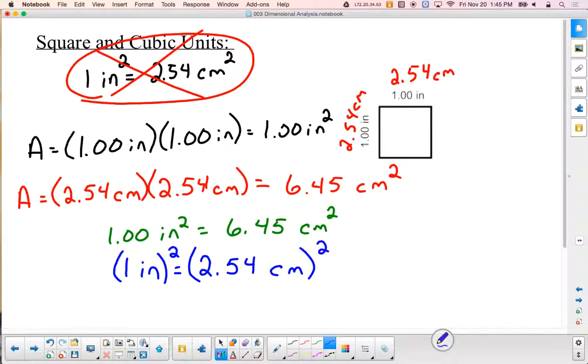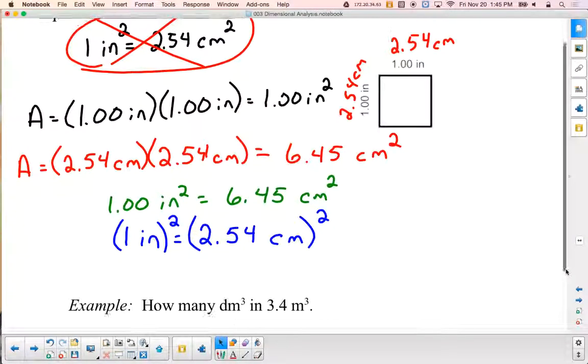If we do 1 squared inches squared equals 2.54 squared centimeters squared, we'll land at a conversion in terms of square units. There's nothing more to doing square and cubic units than just squaring or cubing every single piece in the conversion factor. After that, it's just dimensional analysis as usual.